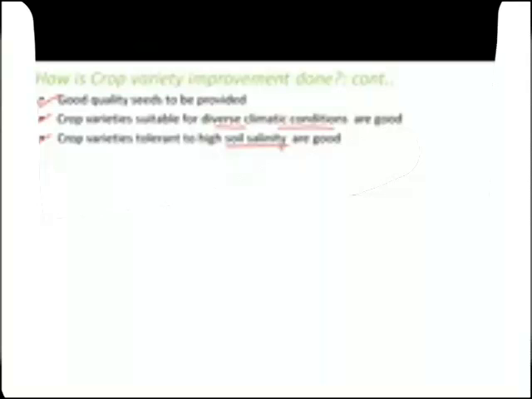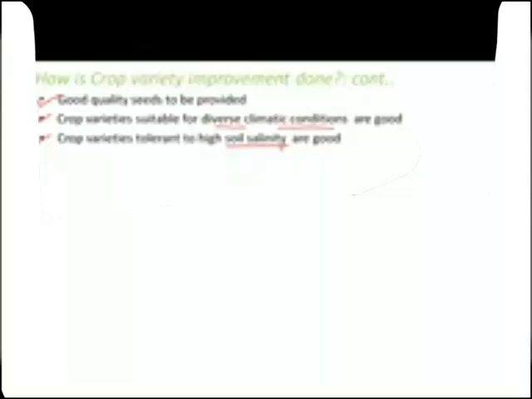If we are able to develop such hybrid varieties which are tolerant to high soil salinity, then even if the salt content in the soil is a little high, the crop will be able to adjust with it, right? So by improving the crop variety, we are trying to find the best variety which can suit different climatic conditions, different types of soil, and give us the best product, right?